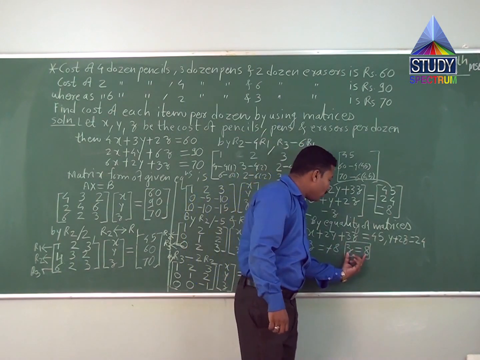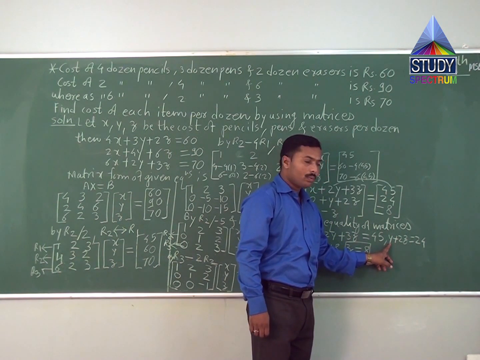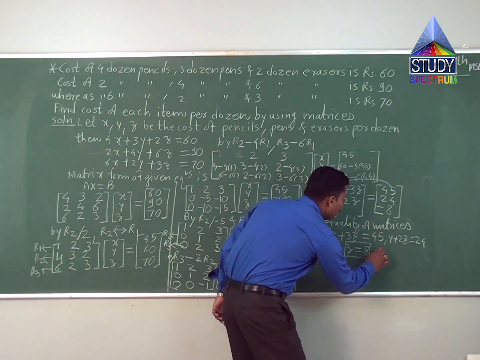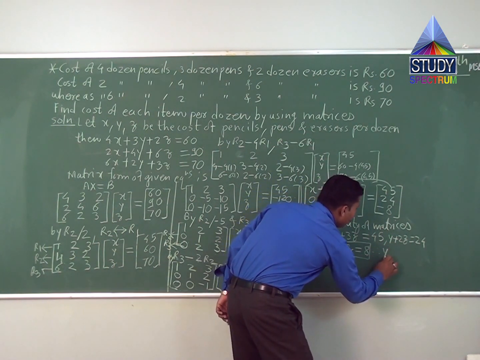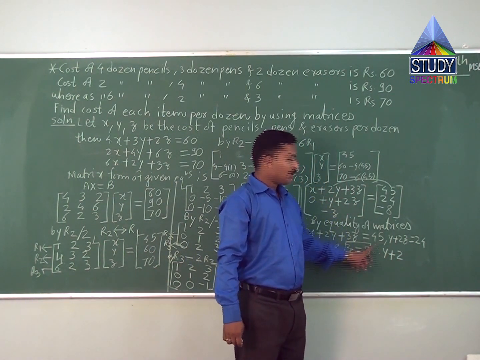Putting this value of z in the second equation, we get the value of y. Therefore y plus 2 into z, what is the value of z? 8.